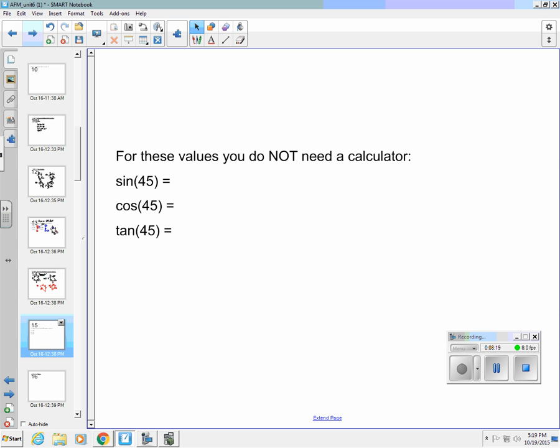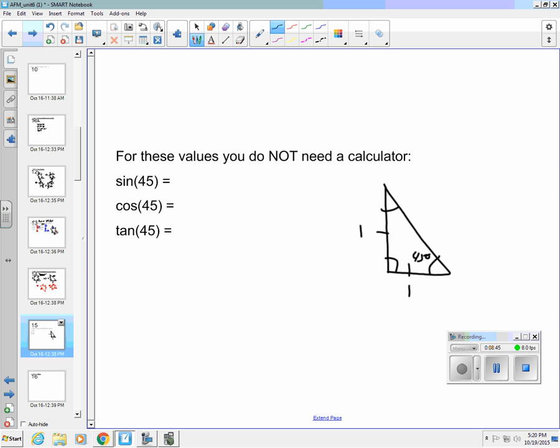Just like for the 30, 60, 90, the 45, 45, 90 isosceles right triangle gives us 3 more trig ratios for 45-degree angles that we don't need a calculator to evaluate. That's not to scale, but let's say this is an isosceles triangle. Either one of these angles would be 45 degrees. Label the sides 1, 1, square root 2.